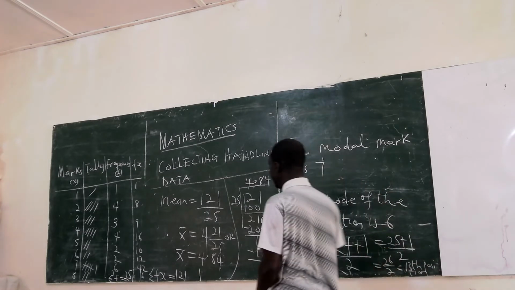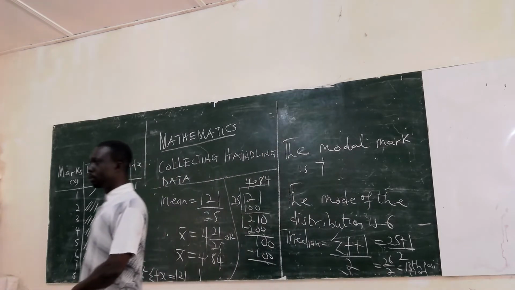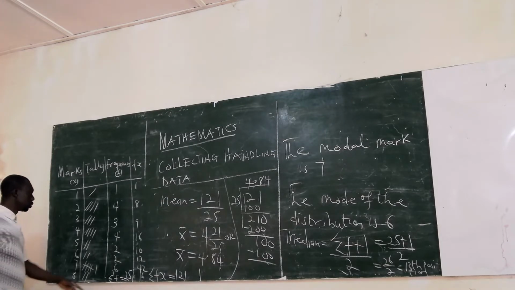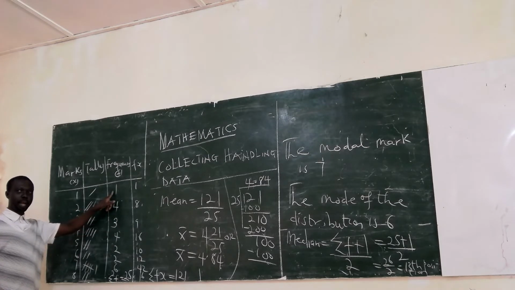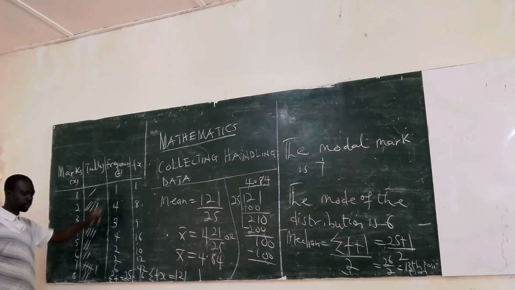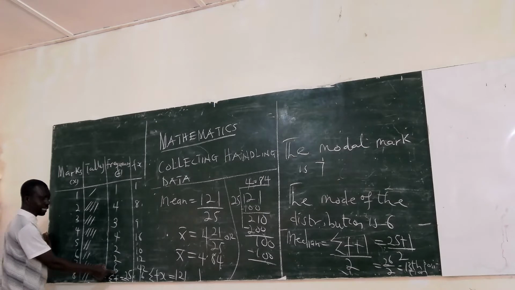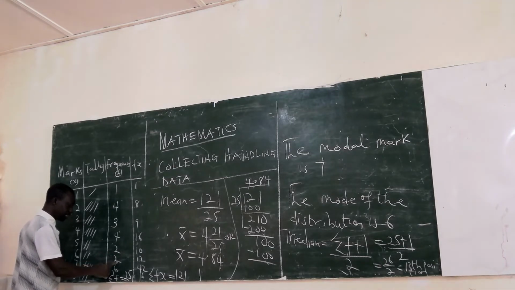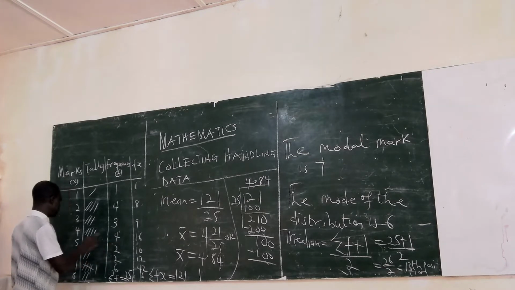If you get the 13, that's not the answer. We are not going to use the table alone to find the median mark, right? The best method is to get the median mark from the cumulative frequency. So we add: 2 plus 6 will give us 8, then 10, 8, 10, 12, that's 16.